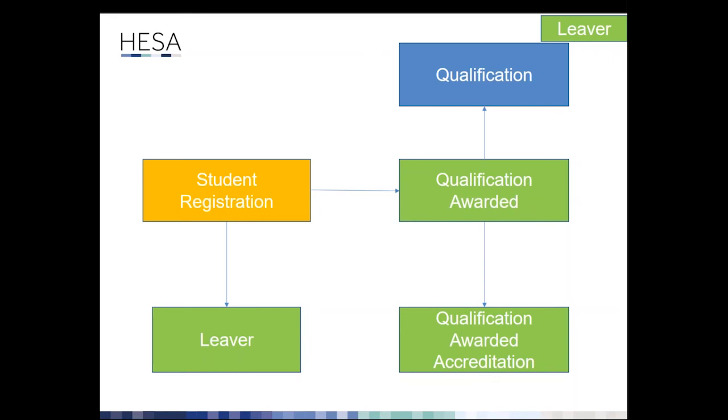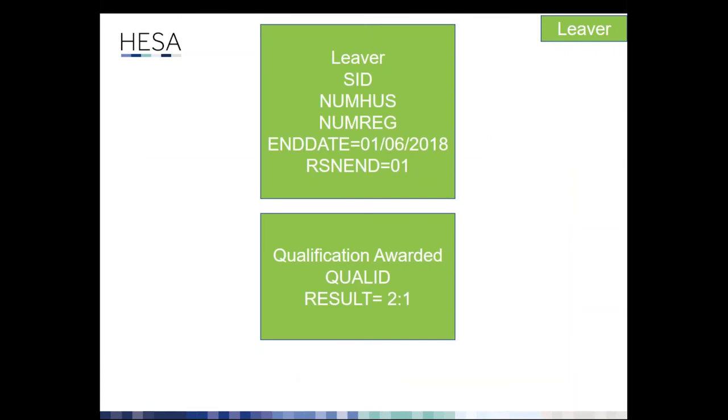If we put that into an example again, here you've got your leaver entity, you've got that SID, numHUS, numreg again, so we can uniquely identify the student registration that it's associated with. That trio of fields does crop up in a couple of places where you have to associate particular entities with the student registration so that we know which student registration we're talking about.